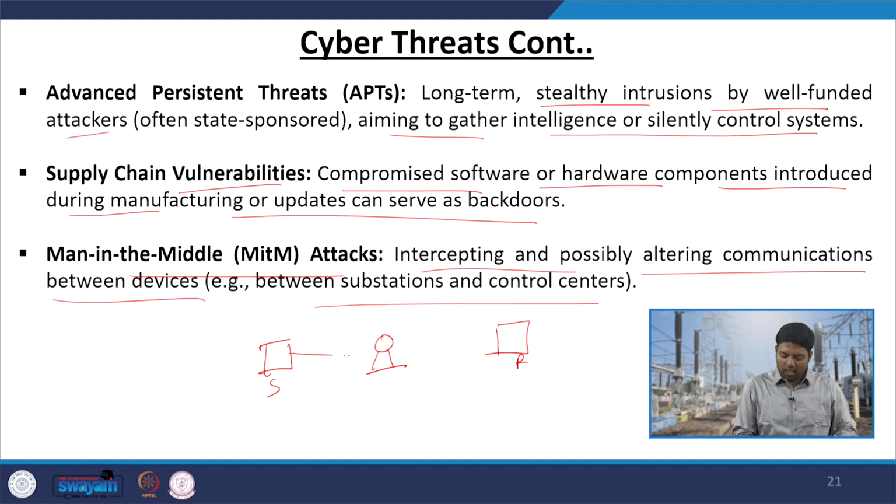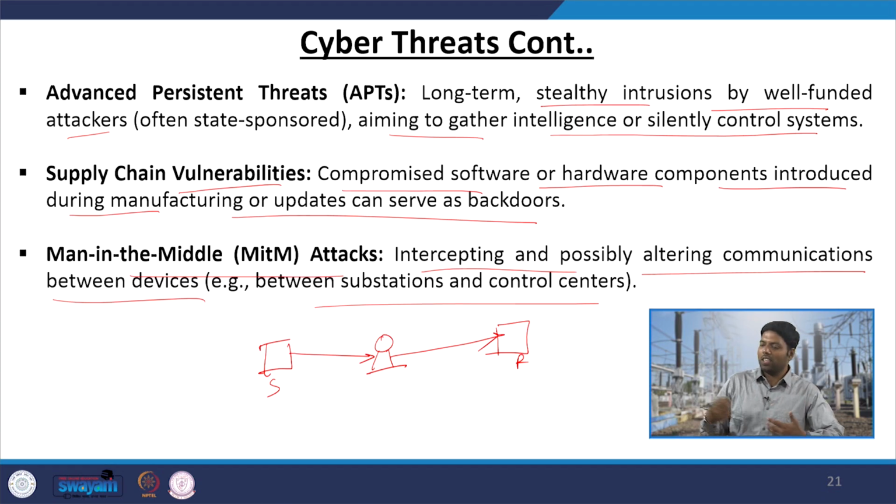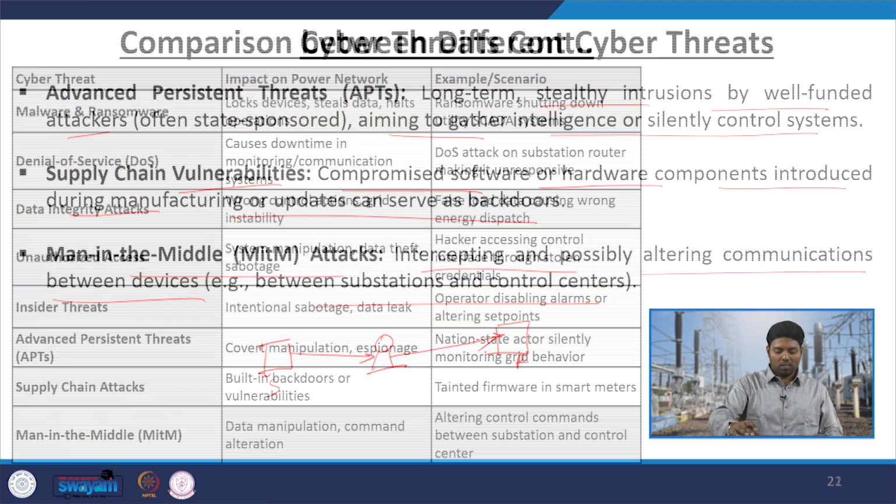It will take the data from the sending end, alter it, and then send another data to the receiving end. That is called a man in the middle. At that time you see that data is coming to you perfectly, but it is erroneous data. So then you will operate erroneously, and you will deviate from your actual optimal decisions.